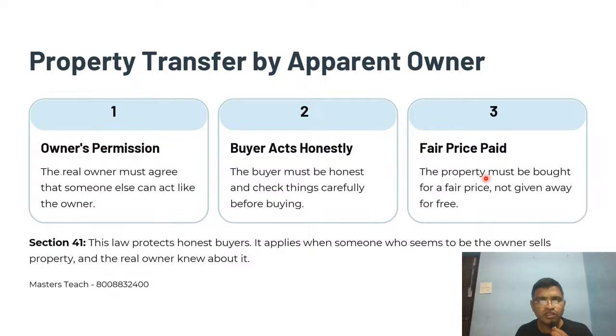Then fair price paid: the property must be bought for a fair price, not given away for free. According to Section 41, this law protects honest buyers. It applies when someone who seems to be the owner sells a property and the real owner knew about it. This is a property transfer by apparent owner.